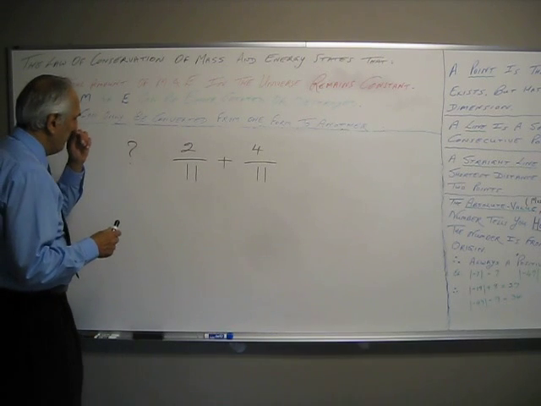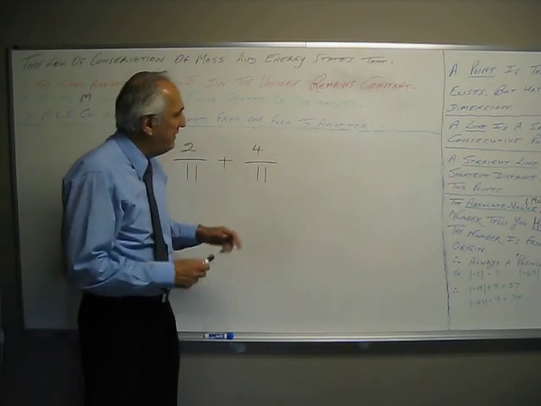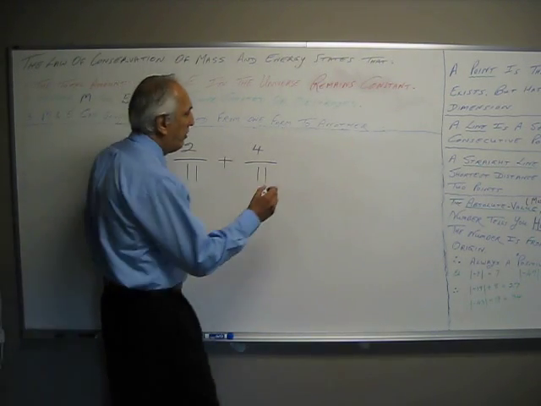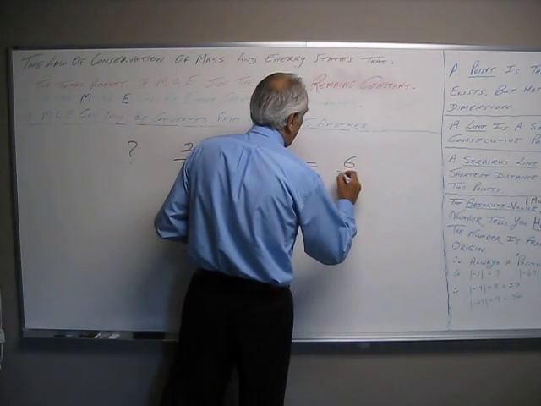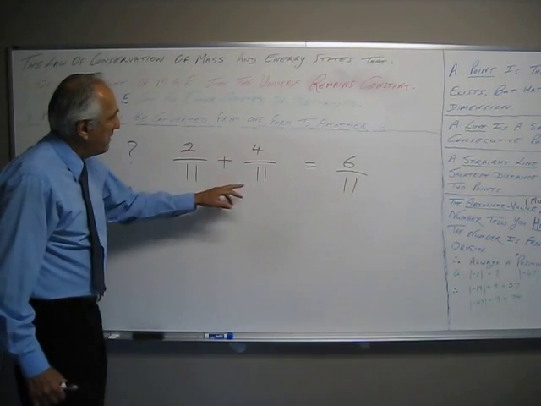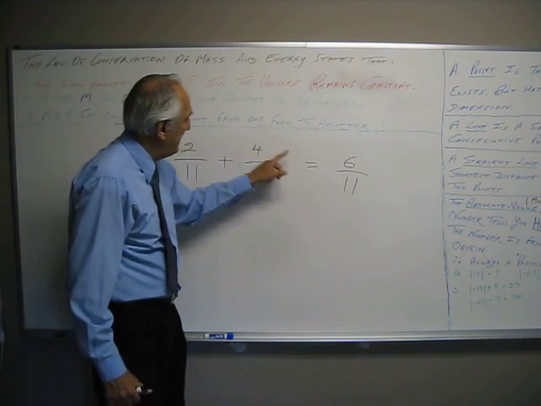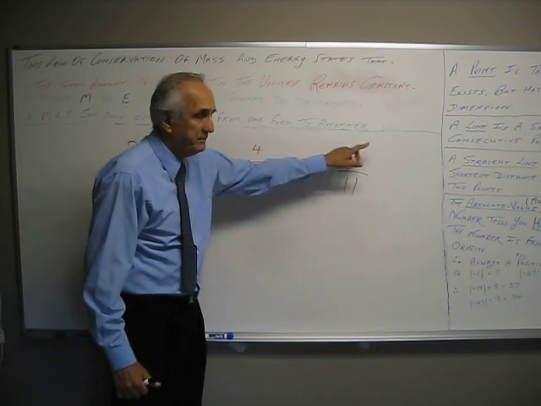If I give you 2 out of 11 items, and then I give you 4 out of 11, I've given you a total of 6 out of 11 items. If the bottom numbers are the same, you retain the bottom number right here, simply add up the top numbers.